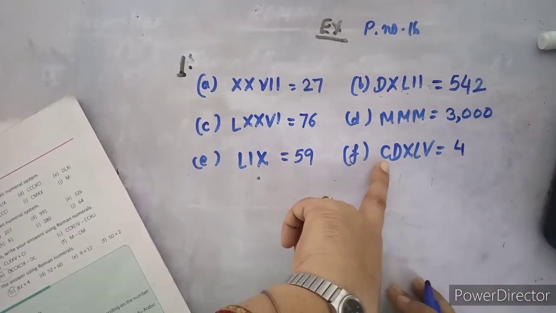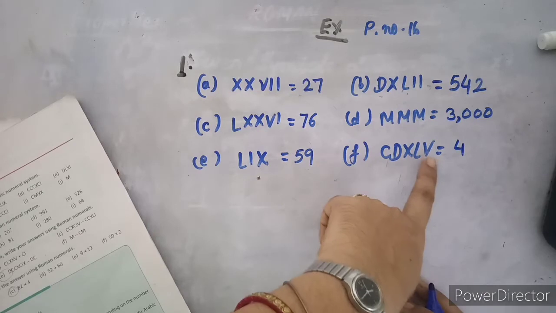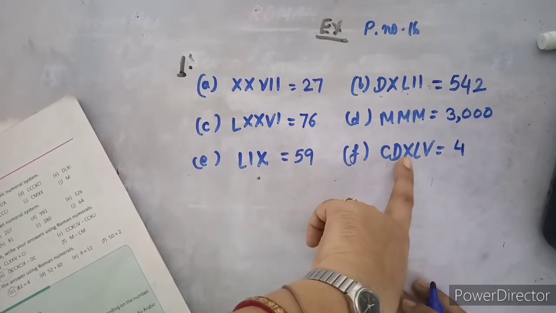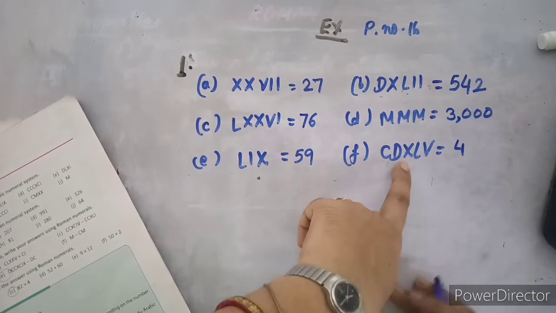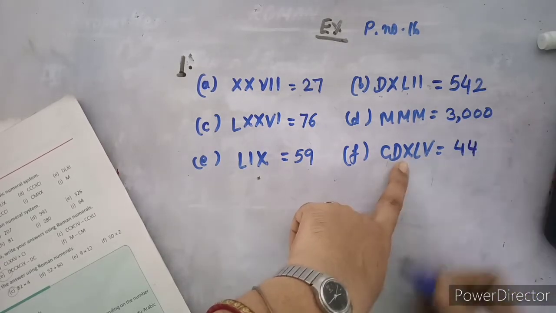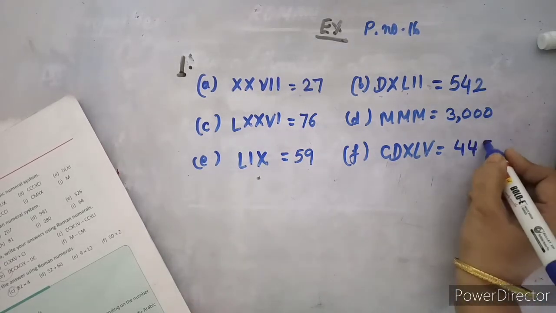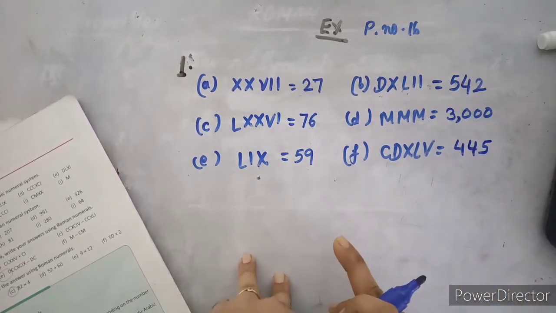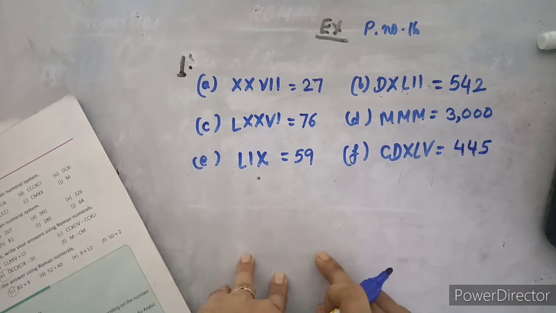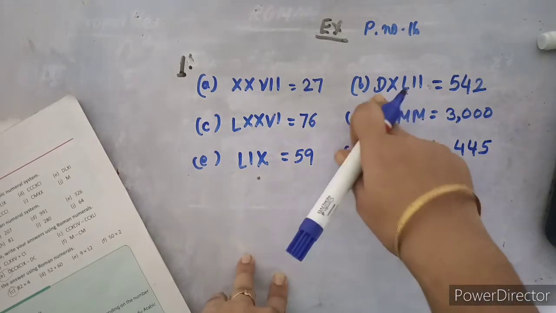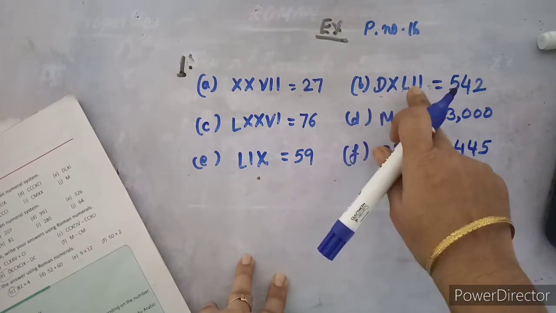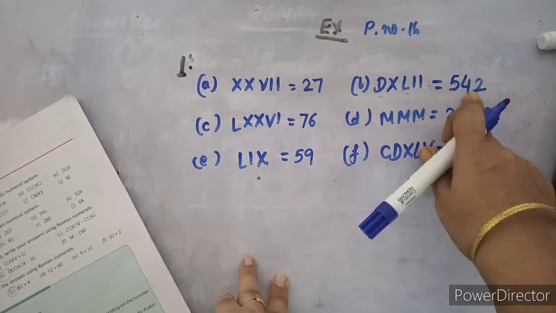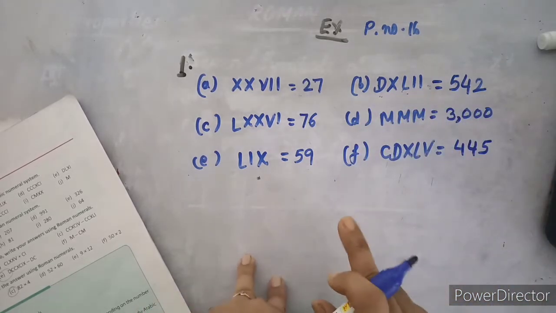Okay, 400. Now if you go for this, L means 50 and on the left hand side is 10, that means 50 minus 10 is 40 again, and you have 5, so it is 445.